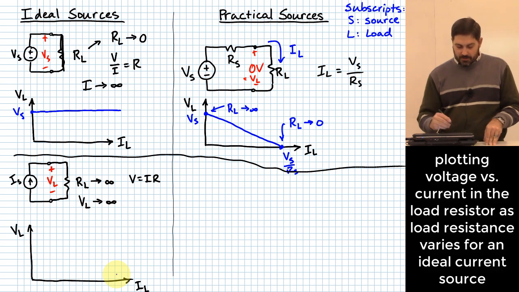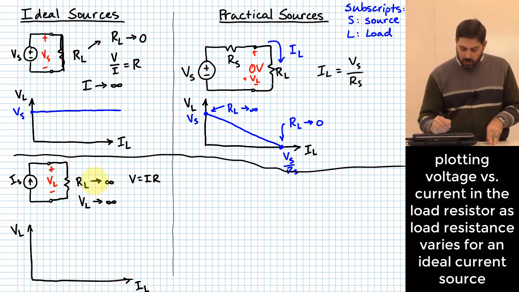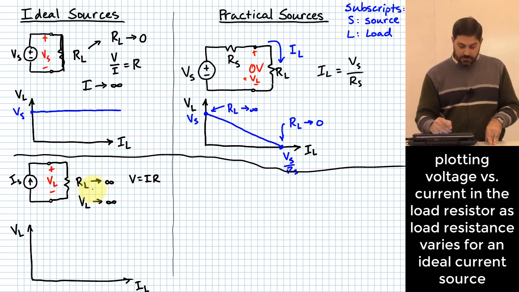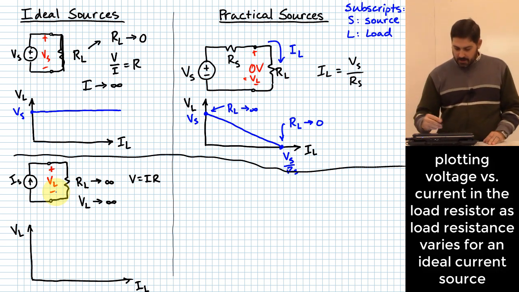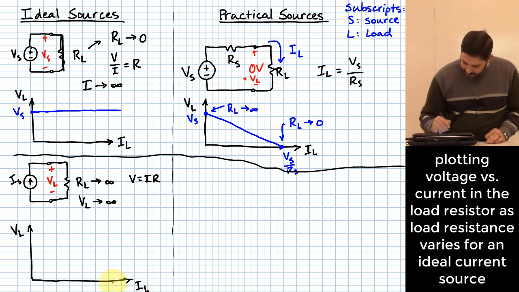What are you going to have on your V versus I plot? If I make RL 0, how much voltage will I have as VL? 0, because that's the wire's job, to hold there to be 0 volts right there. So I'm going to start at a value here of IS.